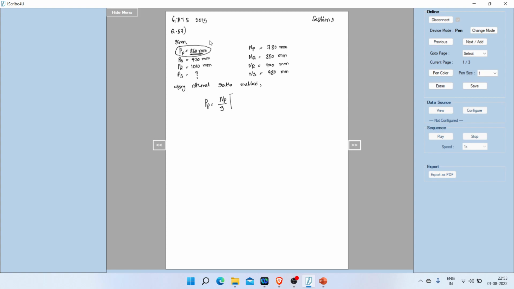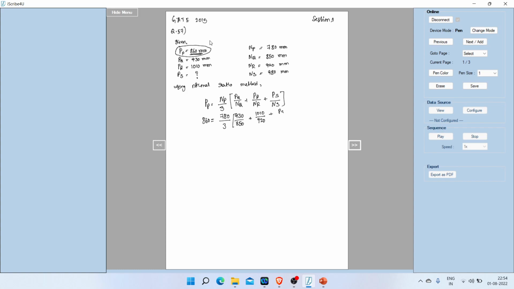Let's substitute the values. 860 equals 780 divided by 3 times 930 divided by 850, plus 1010 divided by 920, plus PS divided by 980.